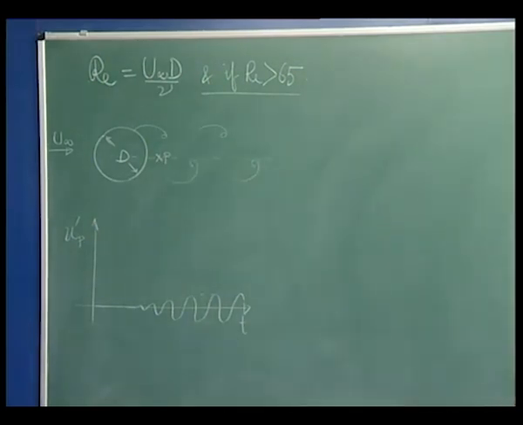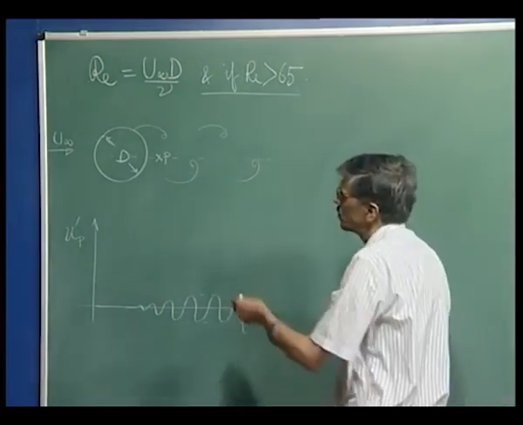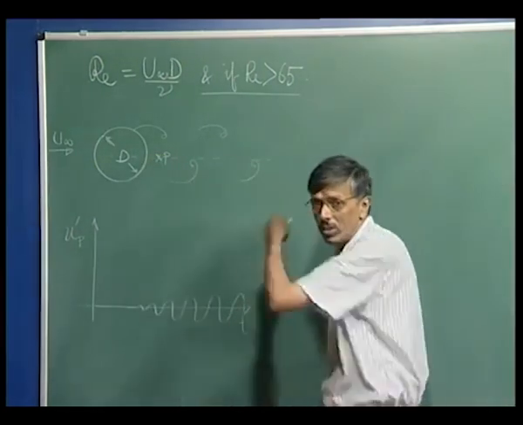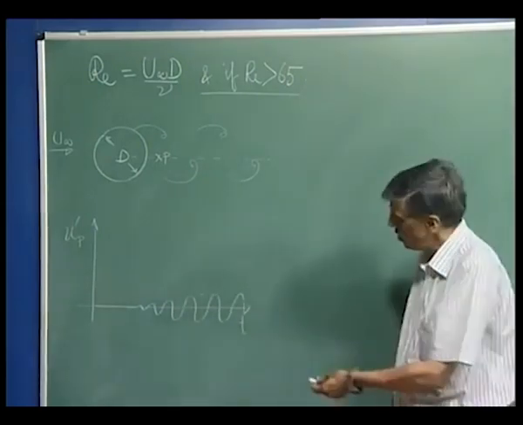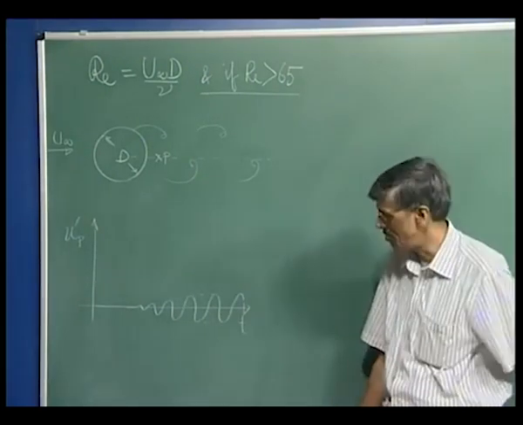If you take a point in the near wake along the center line and find out its time trace, you are going to see a time trace of this kind.